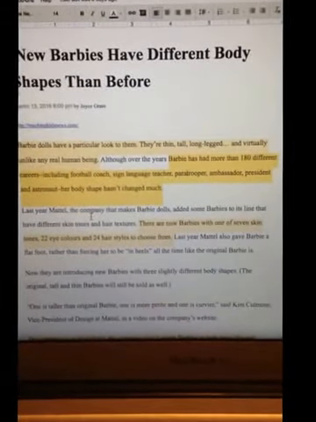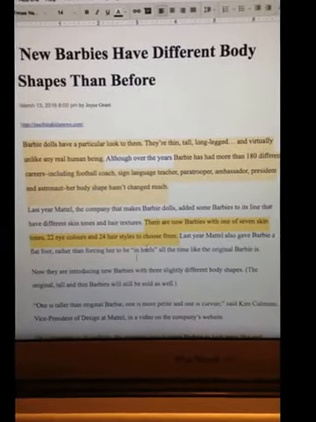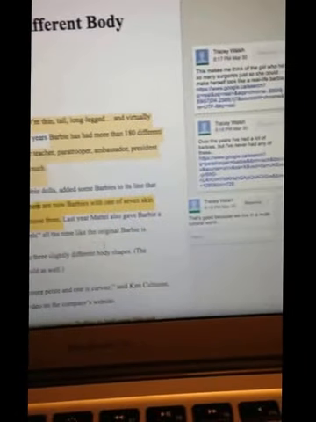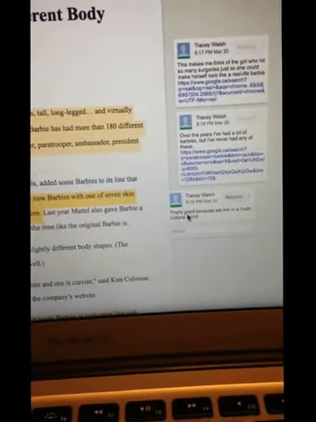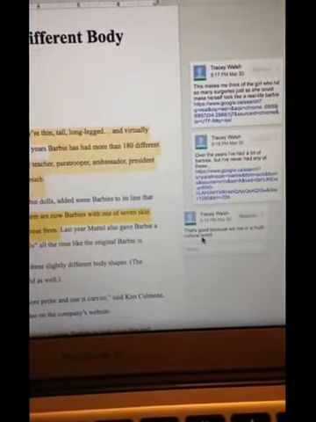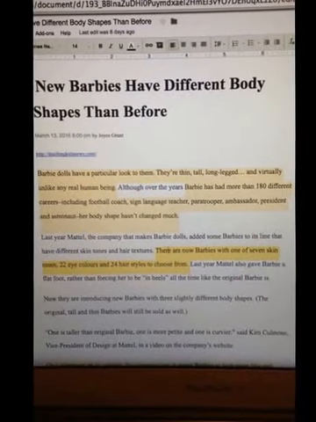Let's look now at your next connection. There are now Barbies with one of 7 skin tones, 22 eye colors, and 24 hairstyles to choose from. What was your thinking around that? I had said that that is good because we live in a multicultural world. Okay, so does that help you make meaning of this text as a whole, or is that more of a dead-end connection?